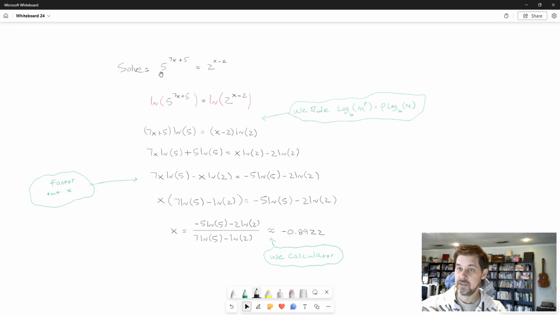So what I do is I take my equation and I apply the natural logarithm to both sides. ln is the natural logarithm. It's a logarithm with a base number of e.